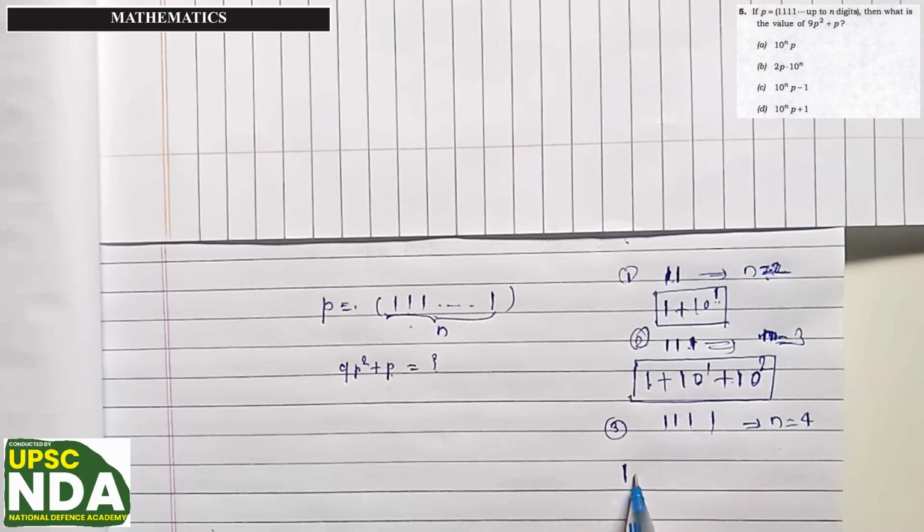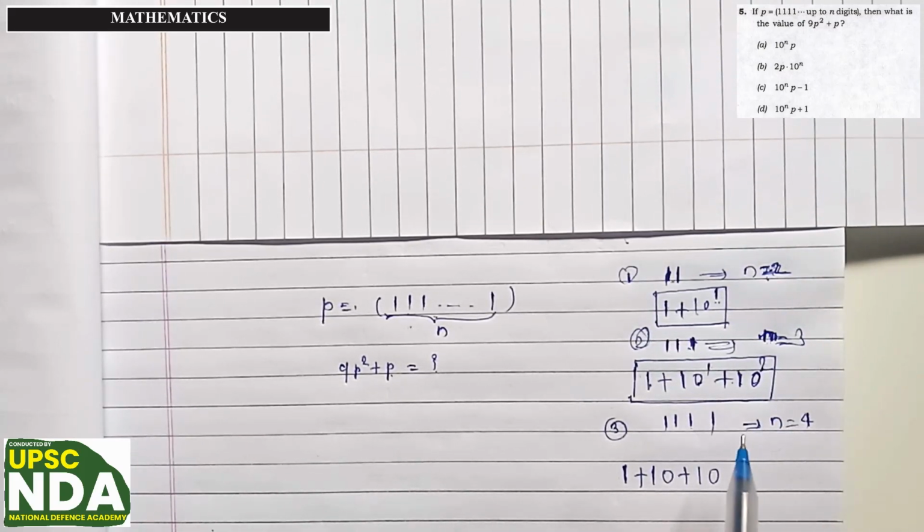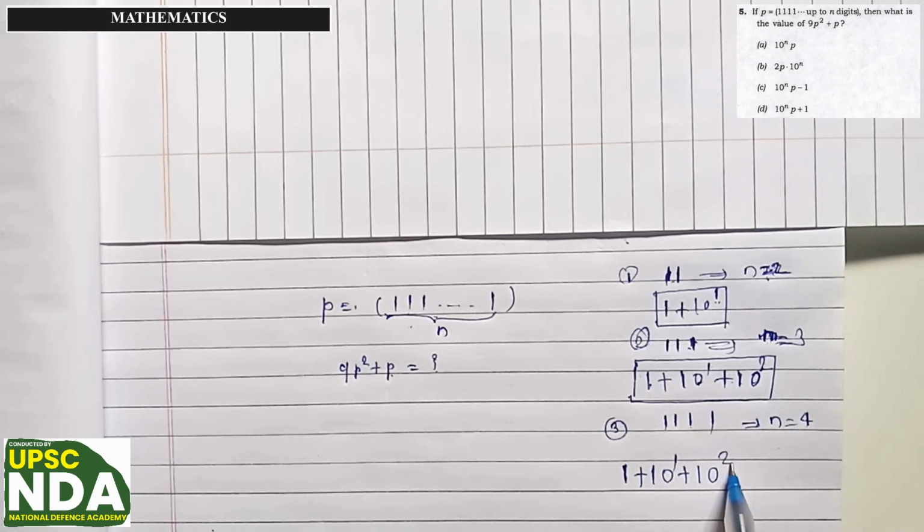We write it in the form of powers of 10, so that we can try to identify whether an arithmetic progression, geometric progression, or any other progression exists there. That's why I'm reducing the term this way. So 1111 can be written as 1 plus 10 raised to 1 plus 10 raised to 2 plus 10 raised to 3.